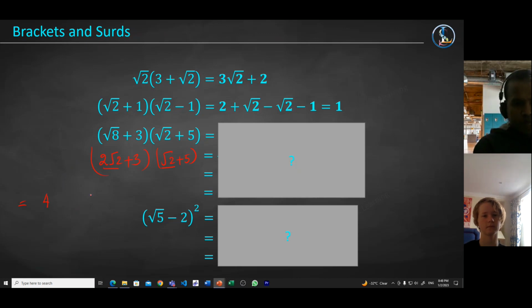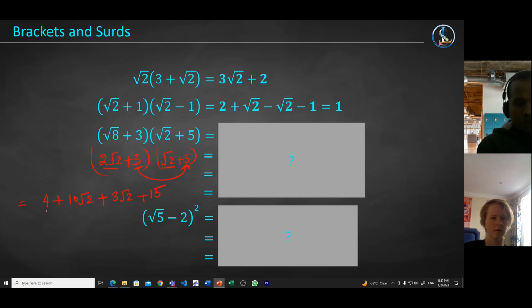And then we multiply with 5: 2 square root 2 multiplied with 5 is 10 square root 2. Then we multiply 3 with each of these terms. So 3 times square root 2 is 3 square root 2. And then the last one, 3 times 5, that is 15.